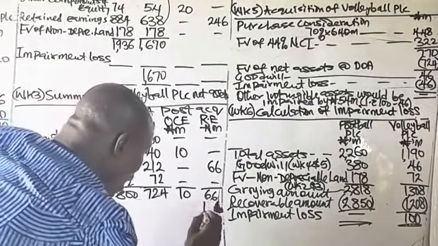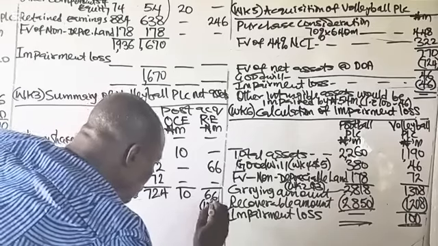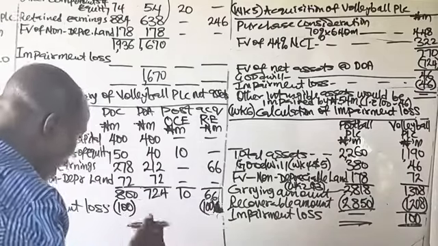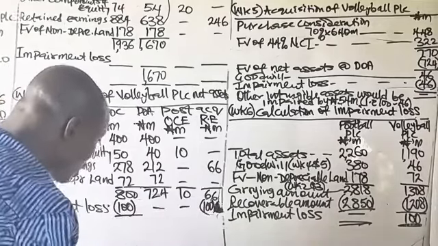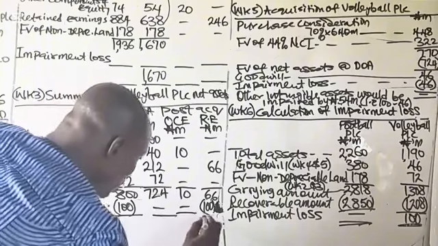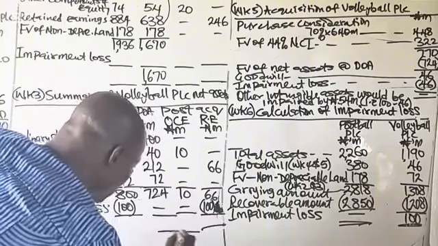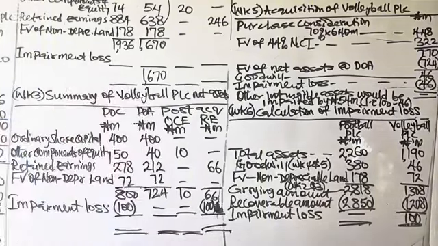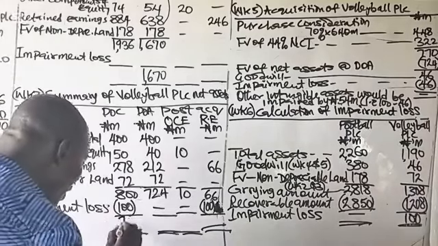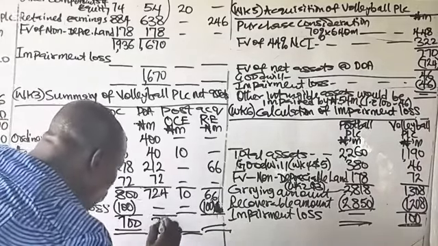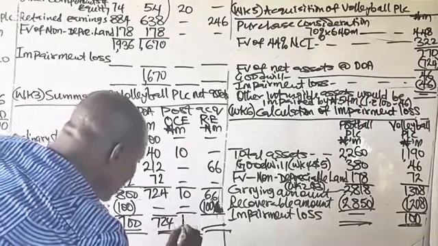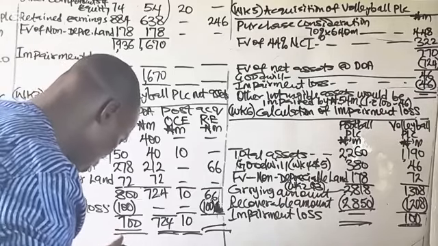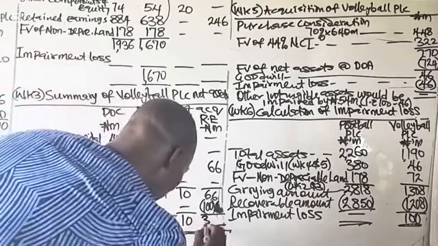So you have 100. Now, 800 minus 100, then you have 700. This is 724. This is 10. And this is 66 minus 100. Then you have 34.